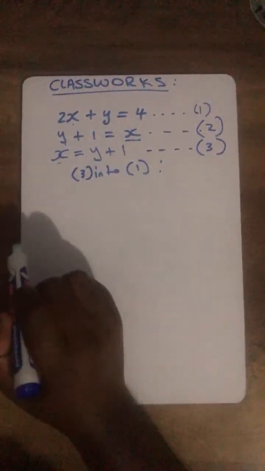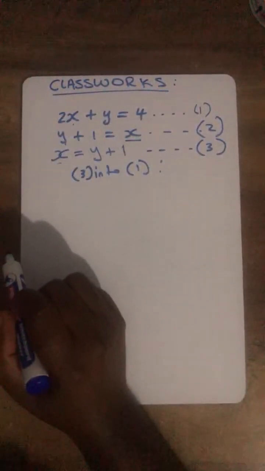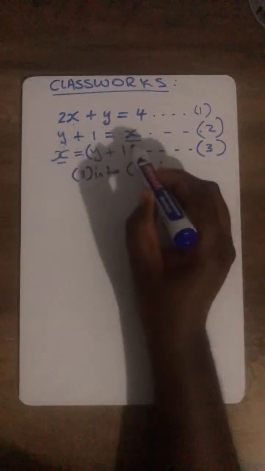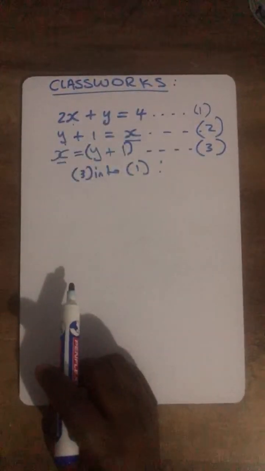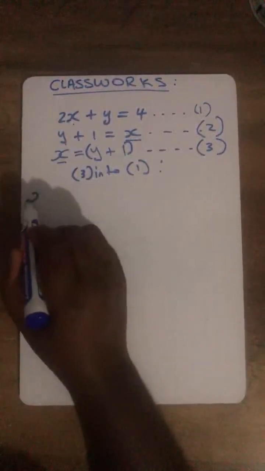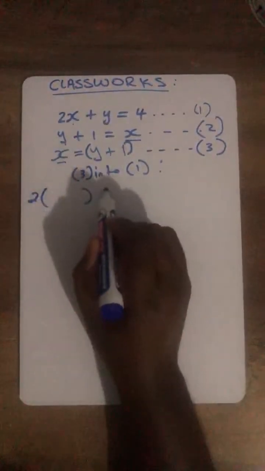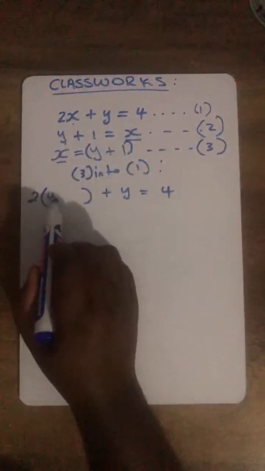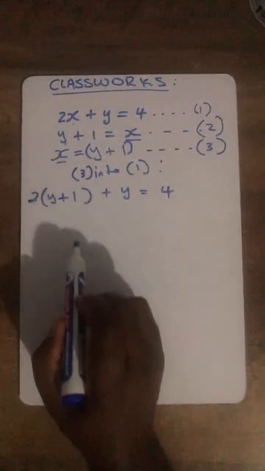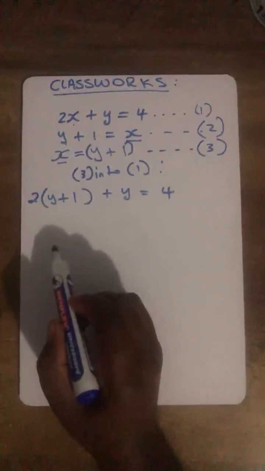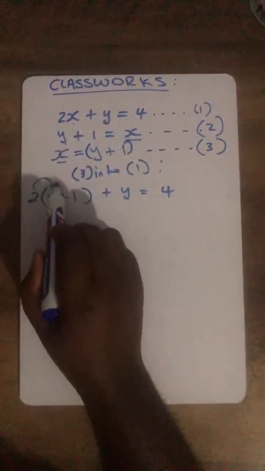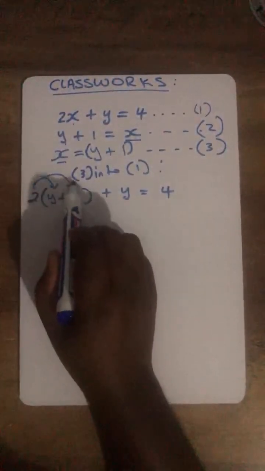So let's see what happens when you do that. Where you see x, you are going to put all of this. So that means you are having 2, this is where I see x, and then plus y, which is equal to 4. Then we are still back to a double bracket, which means you are having that multiplying that, that multiplying that.